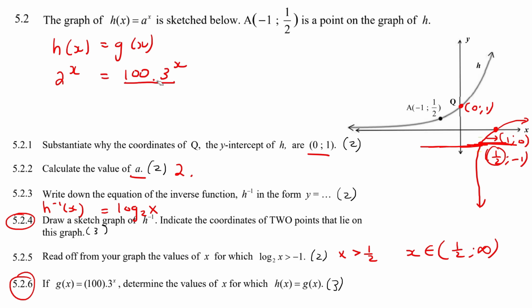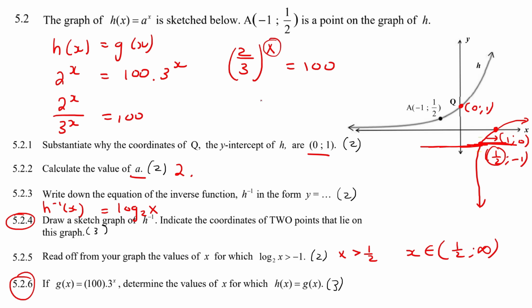Now you can't make this 300 because there's an exponent. So what we could do is, for example, we could divide by 3^x. So we could end up with 2^x over 3^x equals 100. Now, when these two have the same exponent, we can actually rearrange that to become (2 over 3) to the x equals 100. And then I would use logs from here.